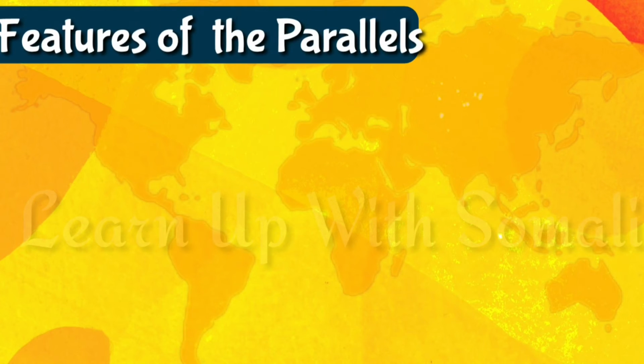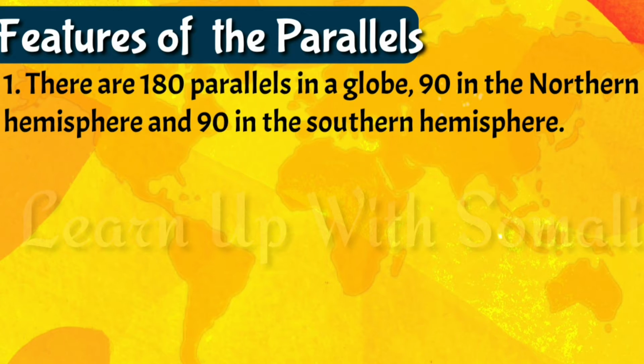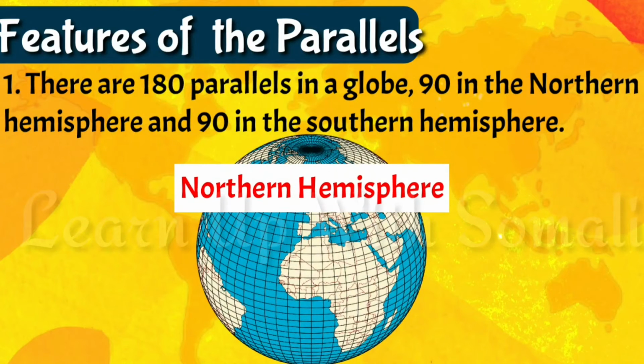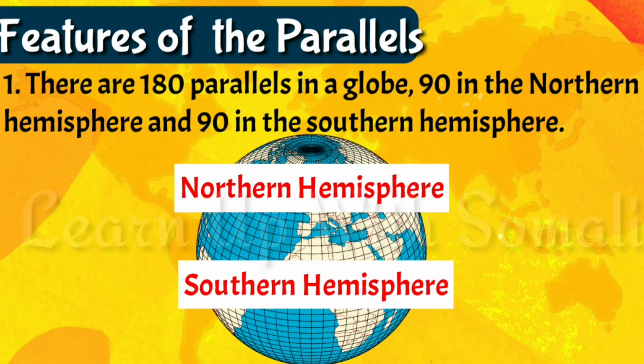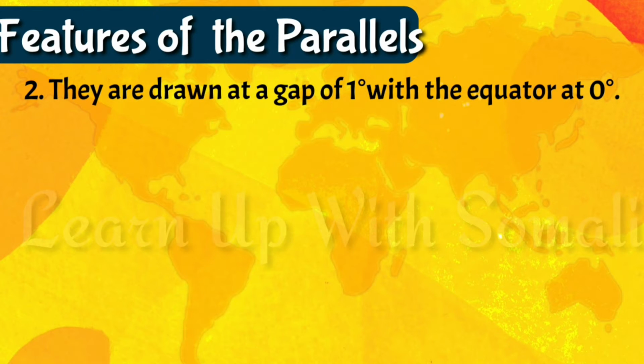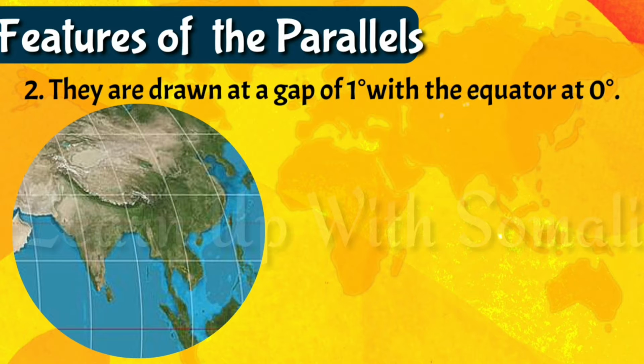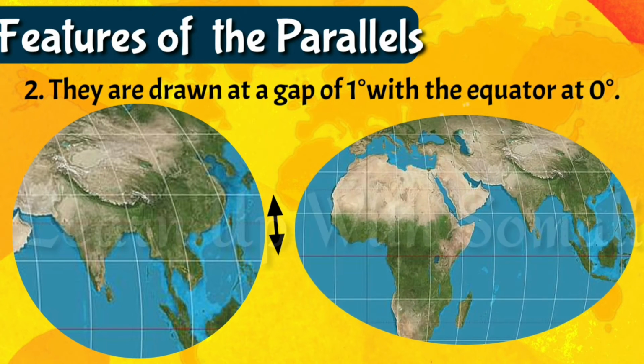Now let us know about the features of the parallels. Number 1. There are 180 parallels in a globe, 90 in the northern hemisphere and 90 in the southern hemisphere. Number 2. They are drawn at a gap of 1 degree with the equator at 0 degree.